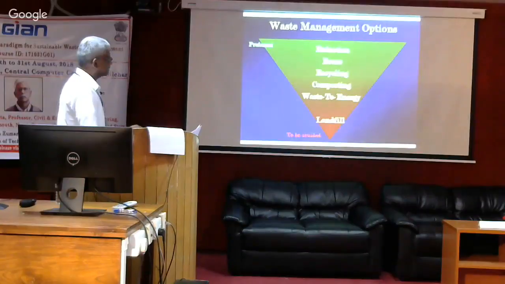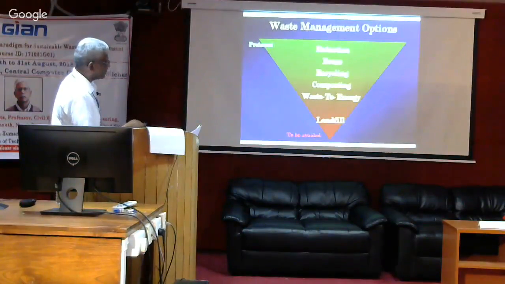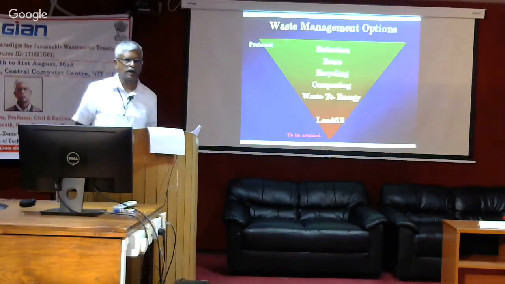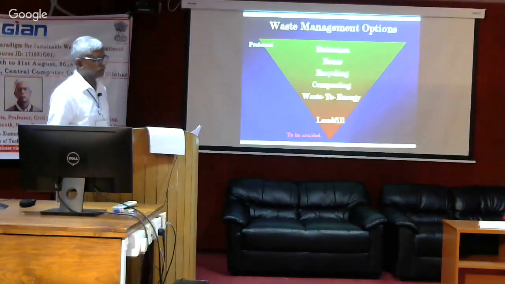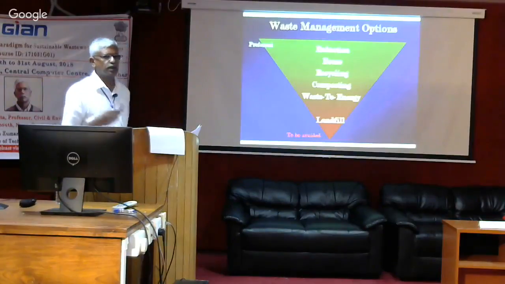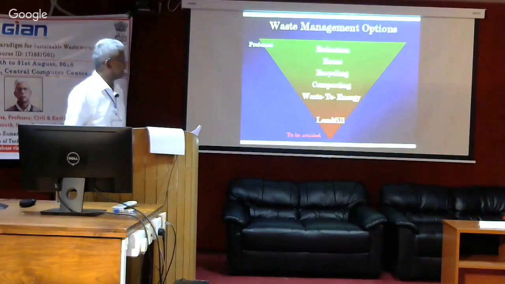So, okay, let me just mention one more quick thing. When we say waste to energy, there are 2 types of energy actually. One is you burn this waste and you get energy in the process. And that's what we do in waste incinerators. We burn the waste at whatever temperature we have to, and you generate this heat because there is organic matter in the waste, and this heat you then trap.